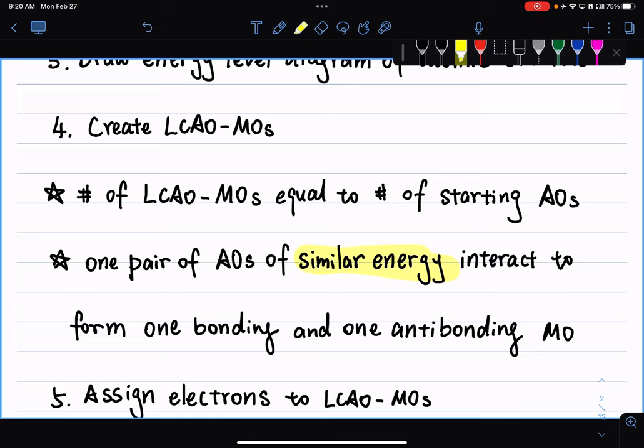These should be of the same energy. I don't have a ruler, but it's just the same energy. And we call them sigma non-bonding, pi x non-bonding, and pi y non-bonding. So these non-bonding molecular orbitals come from the fluorine atomic orbitals alone.